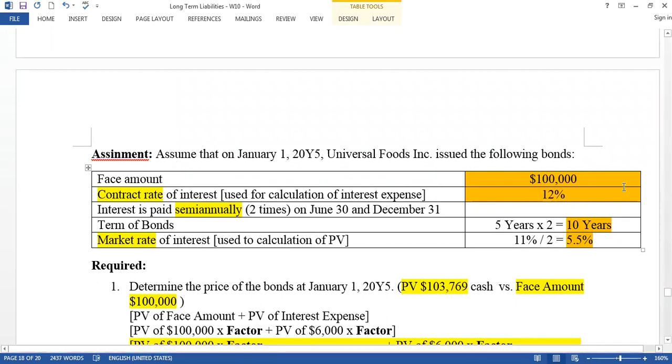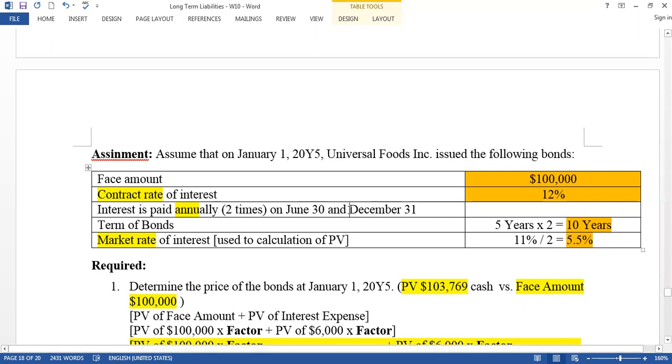So face amount $100,000, I keep it. Contractual interest rate, I keep it 12%. Then interest is paid, I can change here. Interest is paid annually.